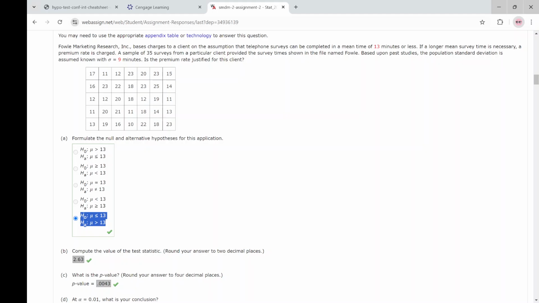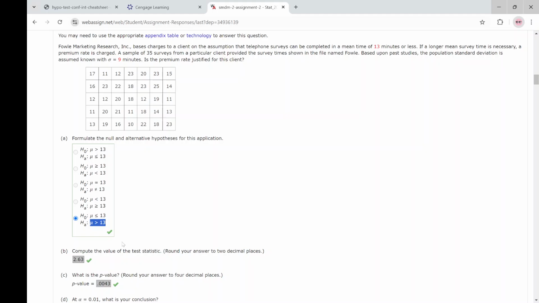So it said that it will be completed before 13 minutes. If a longer mean survey time is necessary, like if it is greater than 13, then a premium rate is charged. So the null hypothesis is it should be less than or equal to 13. So this is the null hypothesis, the above line. So the alternative will be greater than 13.